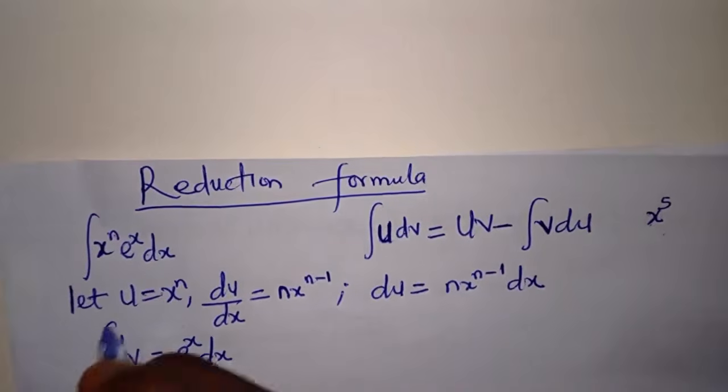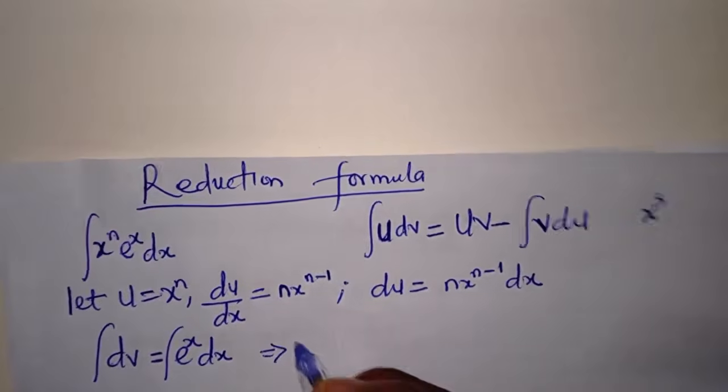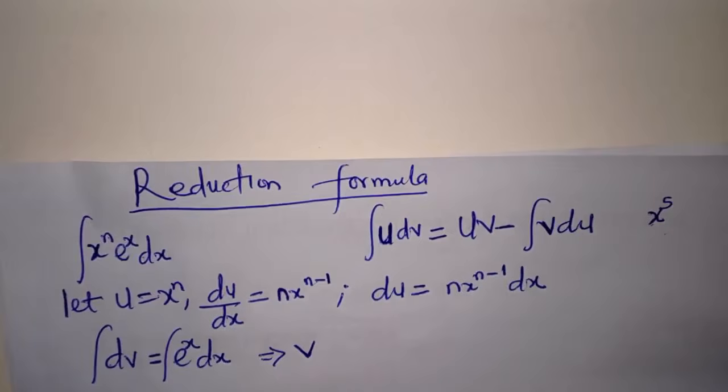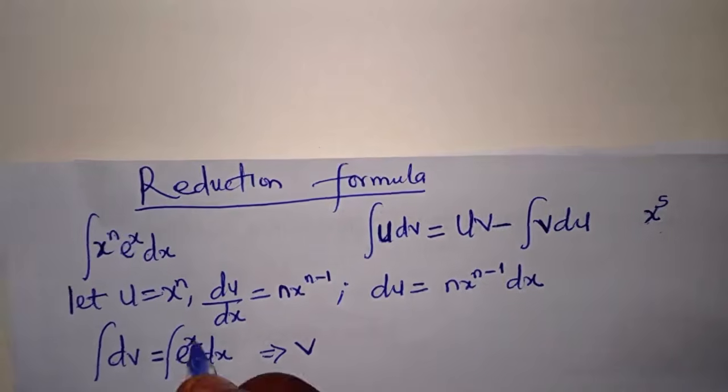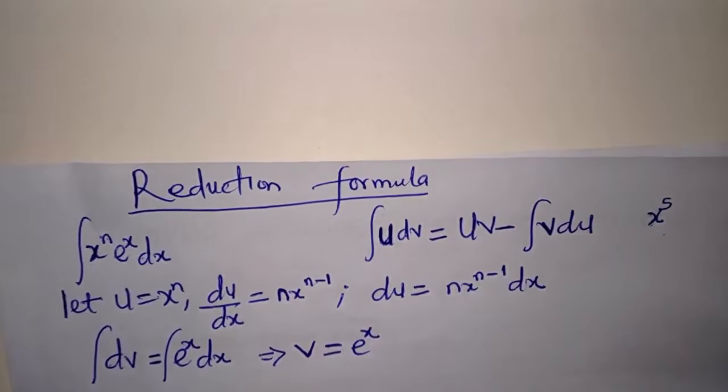To get v, we integrate both sides. The integral of dv is v, and the integral of the exponential function e to the power of x with respect to x is still e to the power of x.